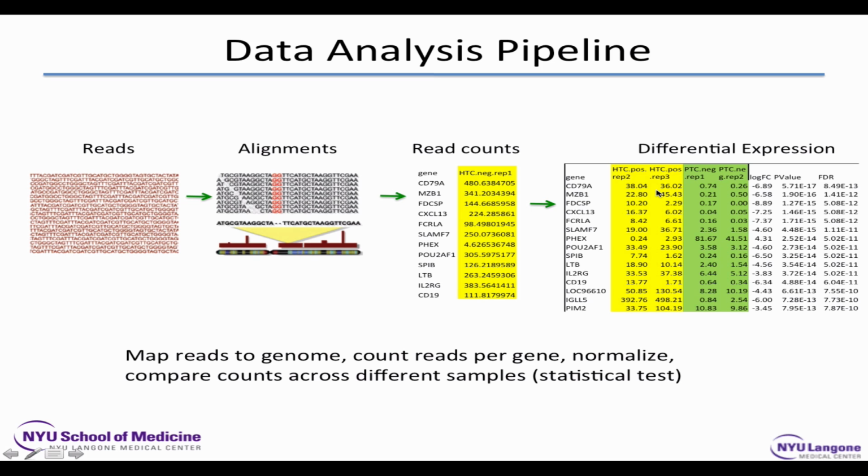In which case, we're going to get a list of genes that are differentially expressed, which will include a gene name that comes from the annotation file, a fold change value, and a statistical value, both a p-value and a multi-test corrected FDR value.